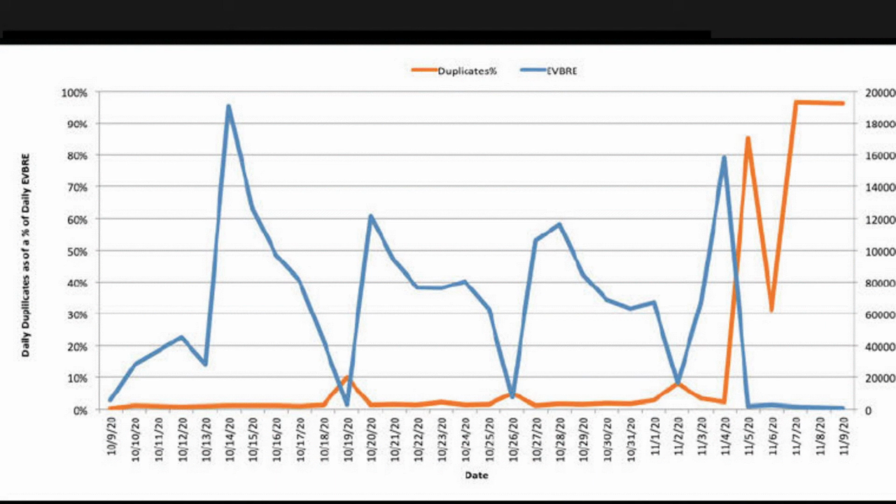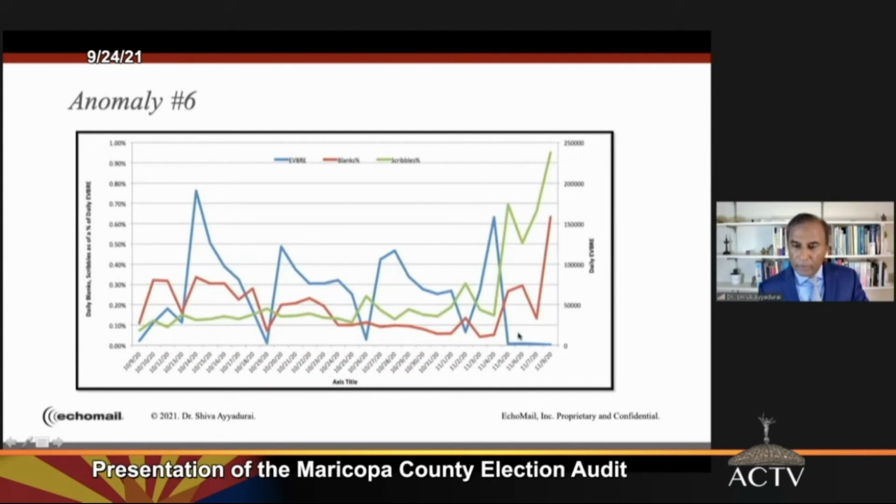In fact, on several of these days, 96% of the ballots that came in on 2 of these days are duplicates. So there was a serious number of duplicates. In fact, the area under this curve is close to 30%, 25 to 30% of the duplicates came in between November 4th and November 9th. And that motivated us to also, on the same plot, drop the blanks and the scribbles. And you see the same phenomenon there.